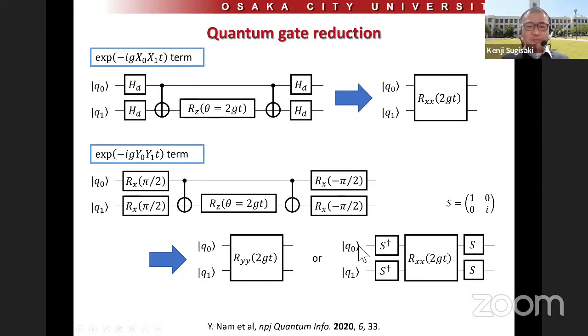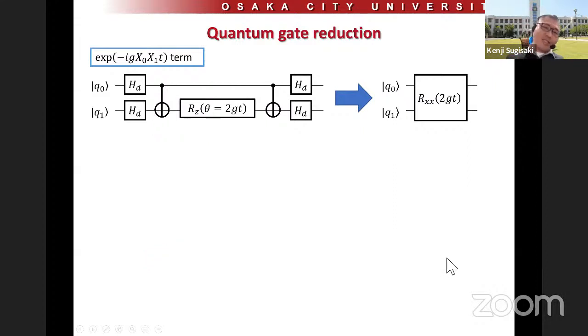So in this case, we apply the S dagger operator to change the quantum state from X basis to Y basis, and then perform the RYY operator, and then apply another S operator to change the basis from Y basis back to X basis. So this kind of quantum circuit can also be rewritten by using this kind of RYY or RXX gate.